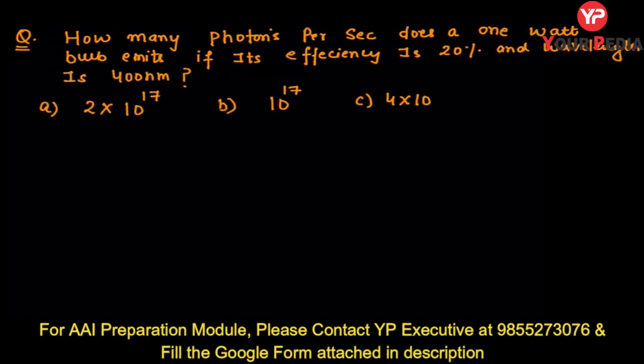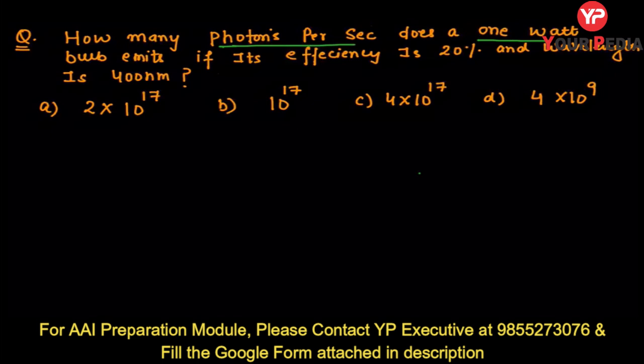Now see the next problem. The next question is, student: how many photons per second does a 1 watt bulb emit if its efficiency is 20%? Means it is only 20% efficient, and the wavelength of the emitted light is 400 nanometer. I have told you, when I discussed the number of emitted photons per second, at that time I assumed the bulb is 100% efficient.